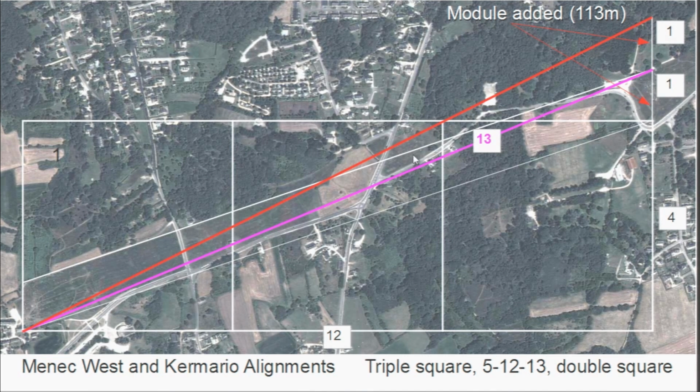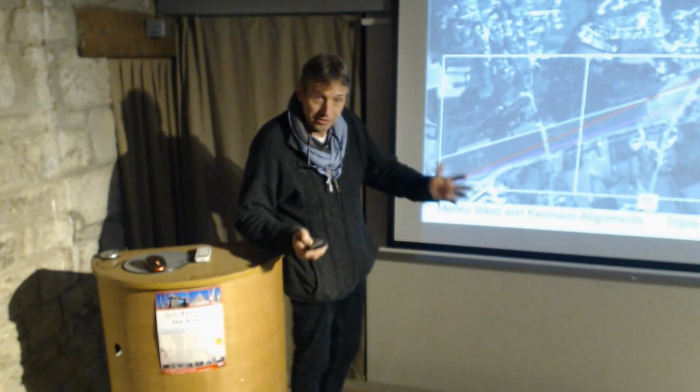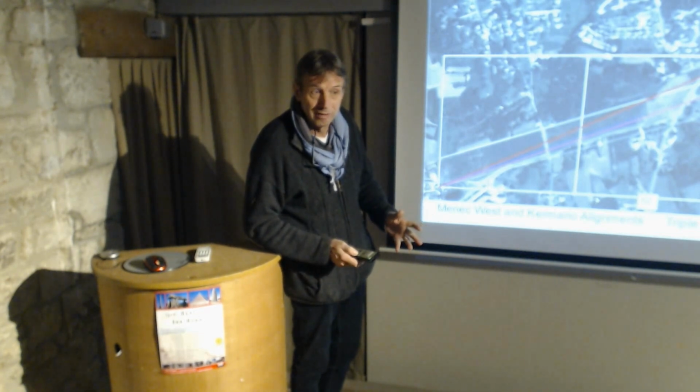Okay, so these lines are traced along this side. Now, of course, until Google Earth was invented, we couldn't know about this. I started working on these things with the maps, you know, these Ordnance Survey maps and rulers and protractors and stuff.